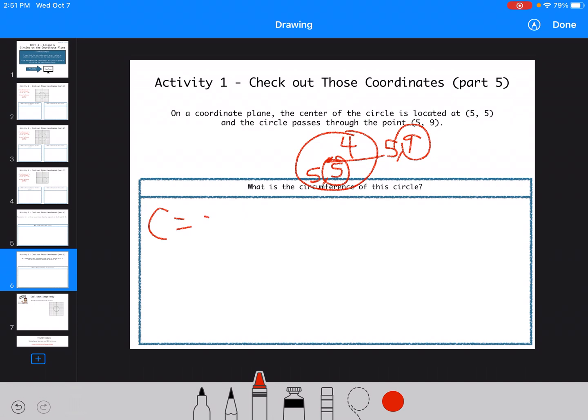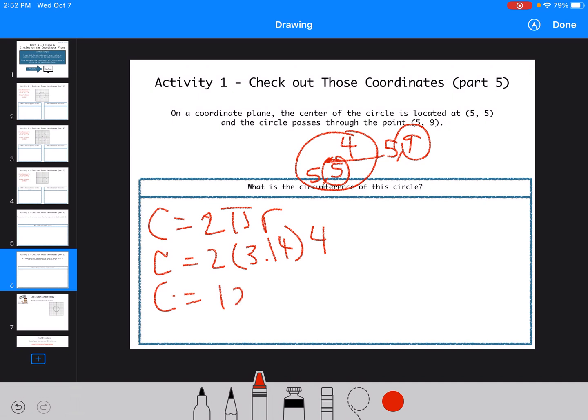So C equals 2 pi r. C equals 2 times 3.14 times 4. C equals 12 point, it's not 12, 25.12, and it's going to be units because they're asking for circumference.